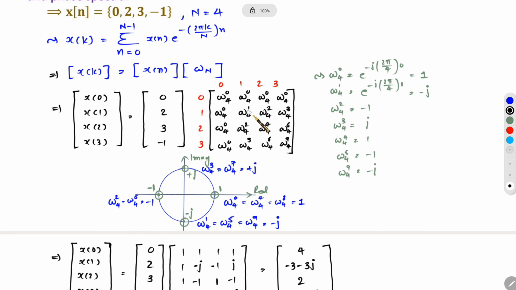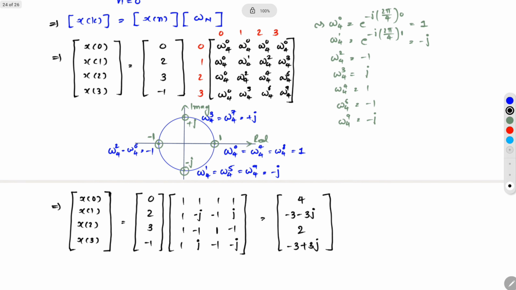Here you can observe W4 to the power 1, that is 1 into 1. Here you can observe W4 to the power 4, that is 2 into 2. That is how power is there. After calculation of that, by writing circle, you can understand weightage, and that weightage that you need to place over here and then perform matrix multiplication.